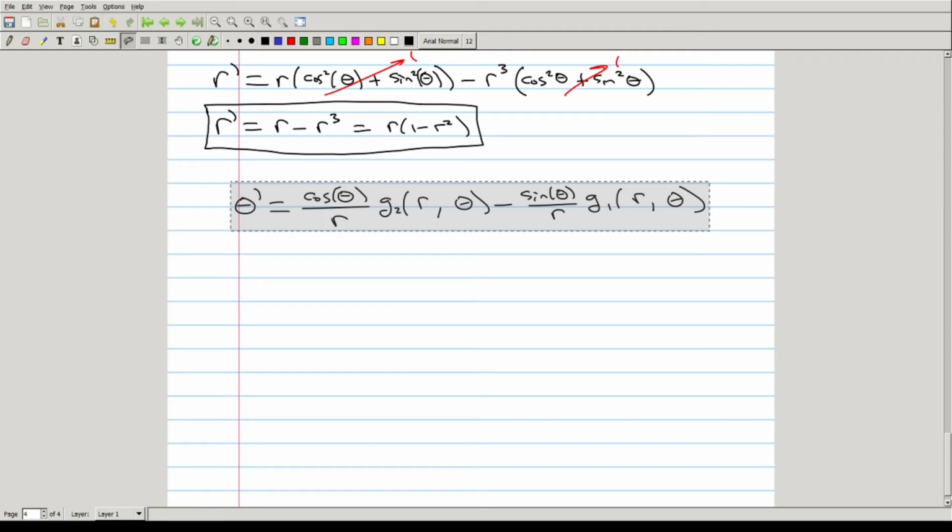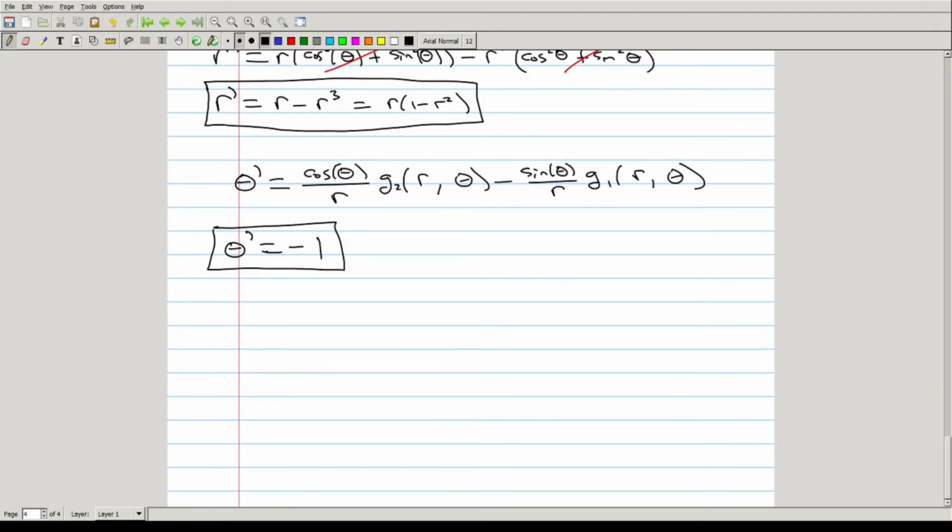Sure enough, when we go through and do this, you end up getting that d theta dt, or theta prime, simplifies even more than the r equation does. Simplifies down to negative 1. And so now we have a relatively very straightforward system that we can go through and solve.